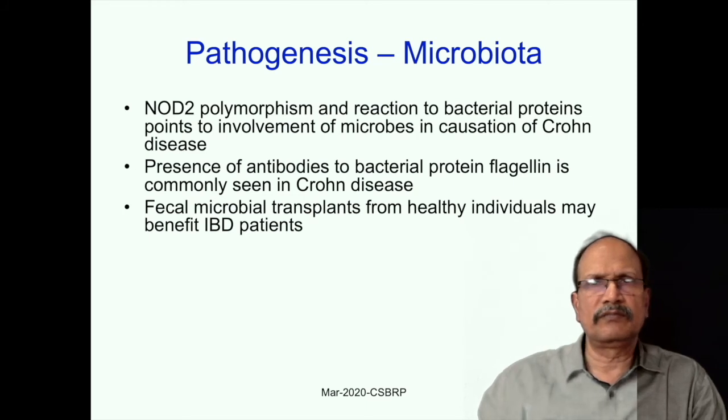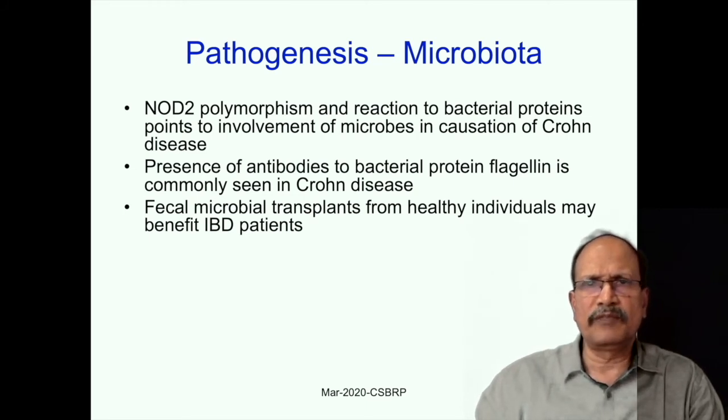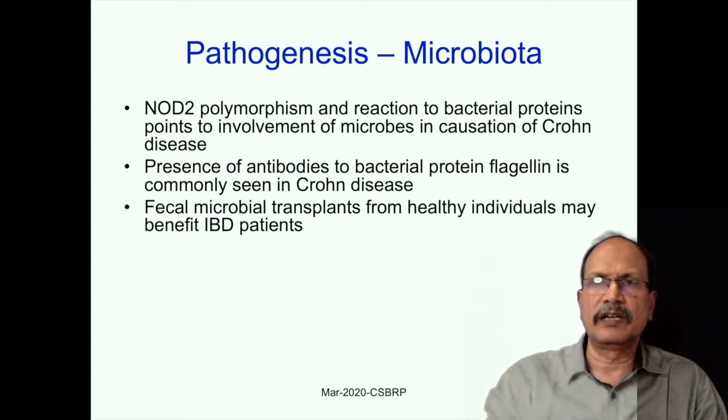And microbiota, NOD2 polymorphism. I told you NOD2 is associated with the production of certain proteins which interact with the bacteria and stimulate the downstream cellular responses. So NOD2 polymorphism may exaggerate this type of response, and mainly it is seen to be associated with Crohn's disease.